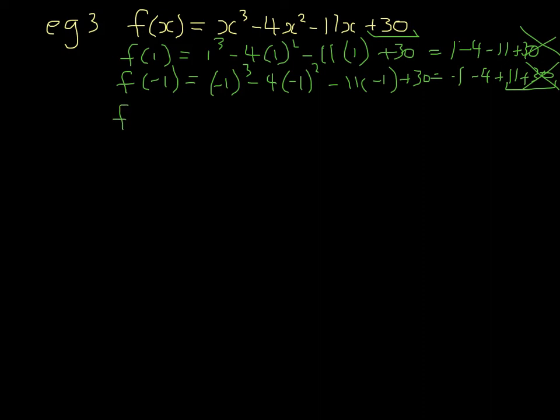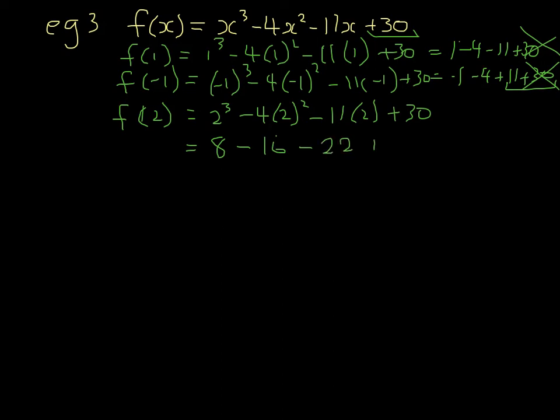Try the function of 2, x equal to 2. Equals 2 cubed, take away 4 by 2 squared, take 11 by 2, plus 30. Taking up a bit more space here, so I'll just do this underneath it, so that's 8, take away 4 fours, 2 squared is 4 times by 4 is 16, take away 22 plus 30.